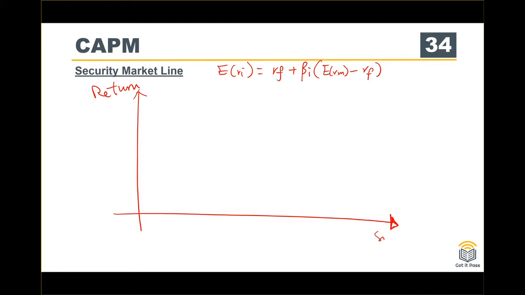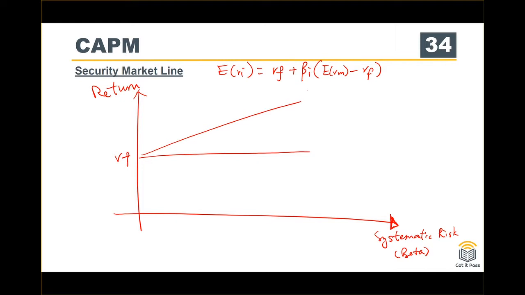Here is systematic risk, or beta. Okay. Security market line. Okay, let me explain to you after drawing this chart.